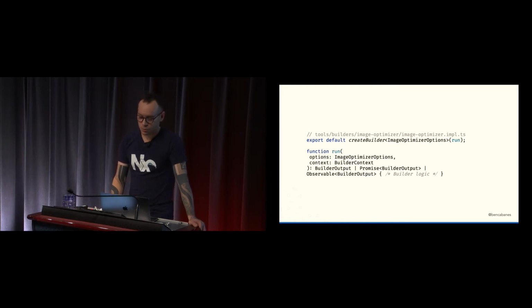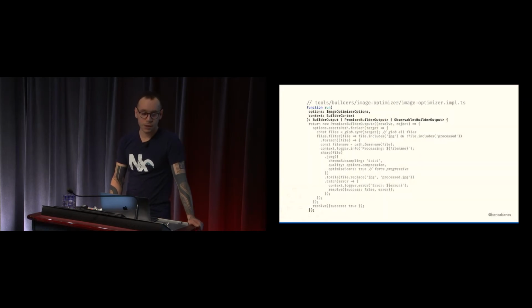Then we can return a promise, an observable, or directly the builder output object. So here is a minimal pseudo implementation of a custom builder for the image optimization process. We are essentially traversing all the asset paths and compressing the images. Once done, we resolve the promise.